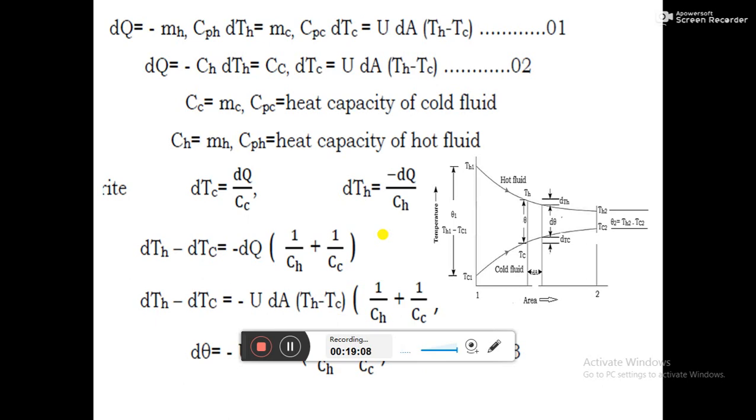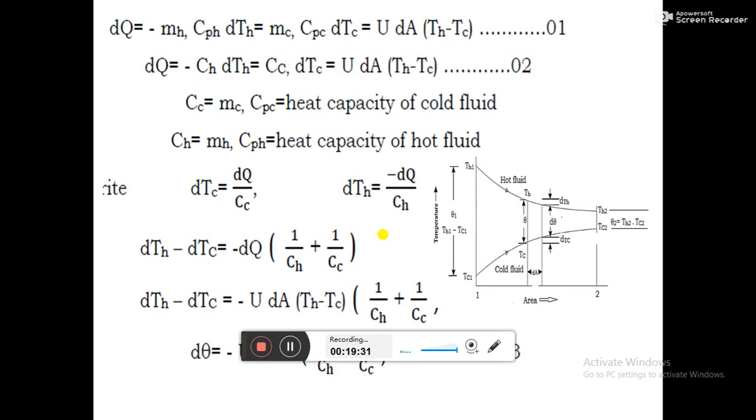Now, from the above equations we can write dTc equals dq by Cc and dTh equals minus dq by Ch. We can write in that form.